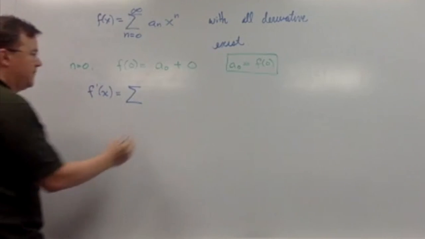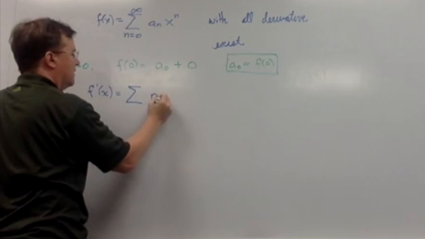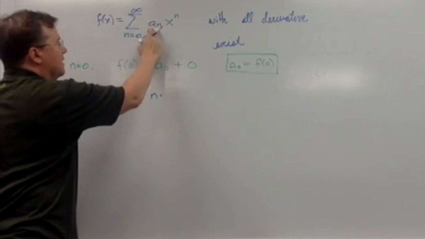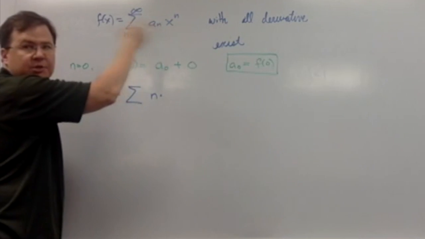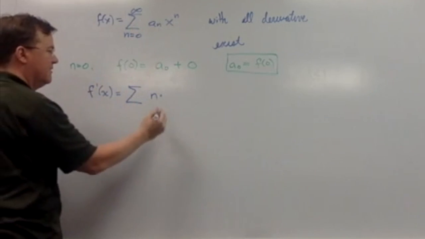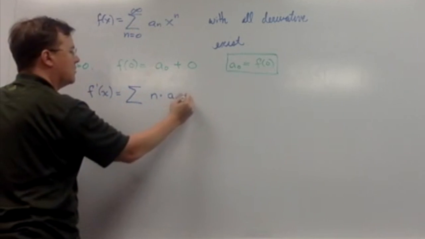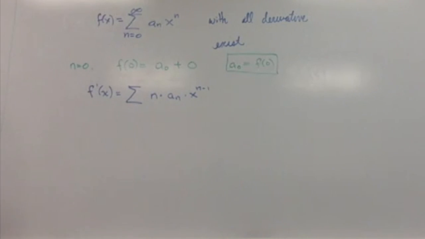Remember when you had a sub 2 x squared, it became 2 a sub 2 x in the derivative. So I'm going to write it like that. Term for term, I'm just doing the same thing over and over again, like a derivative.